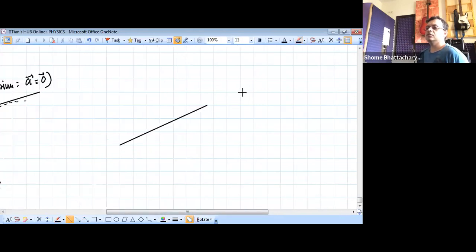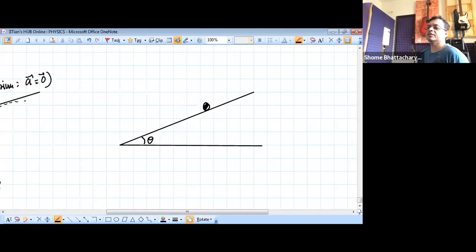Whenever we have an inclined surface which is at theta to the horizontal, because there are so many cases where we are going to discuss this, you better memorize this thing. Whatever kind of object we have here, whether it's a spherical object, or a block or anything like this, it will always experience normal reaction along a direction which is like this here. Okay.